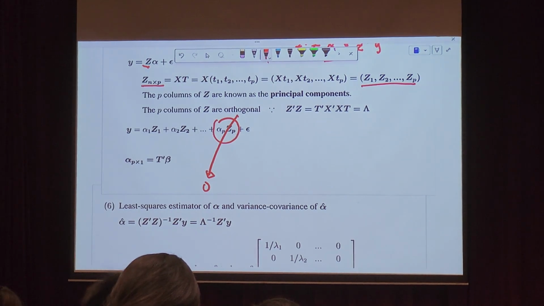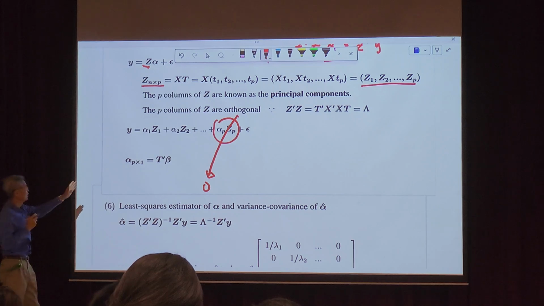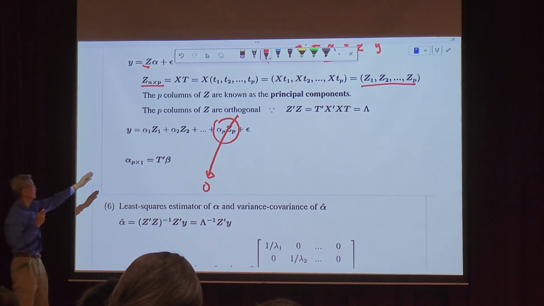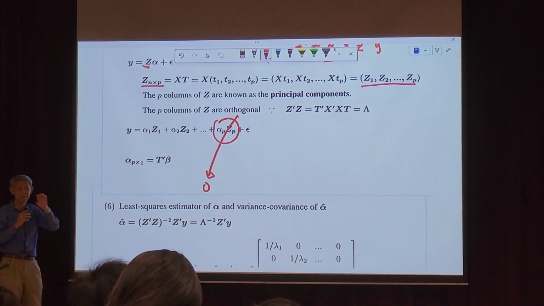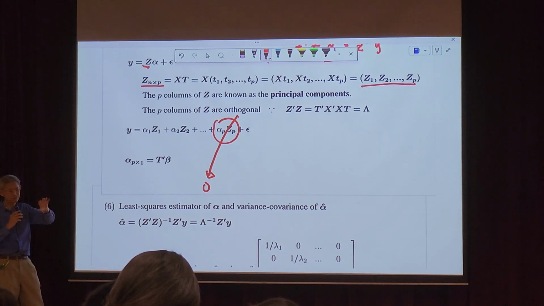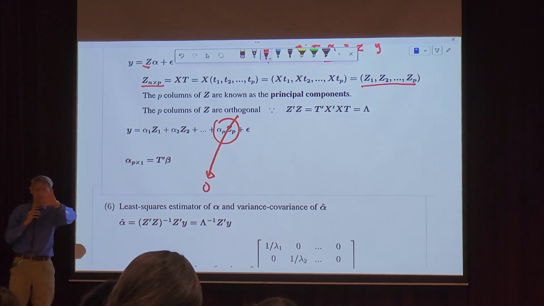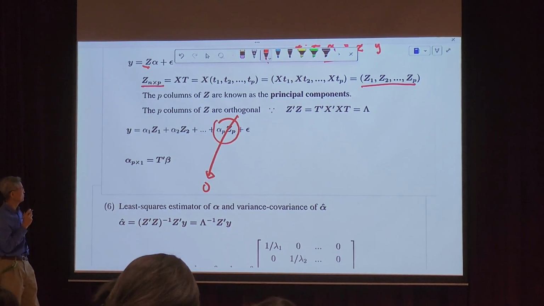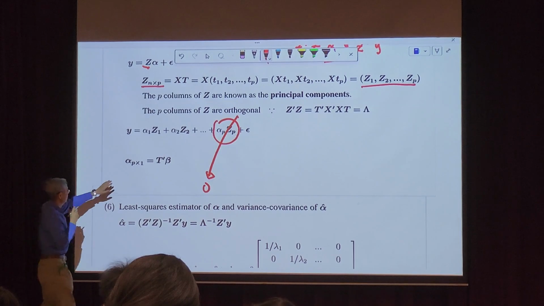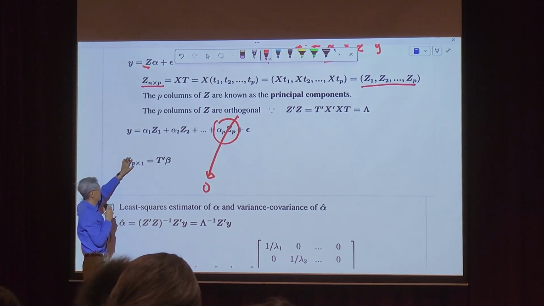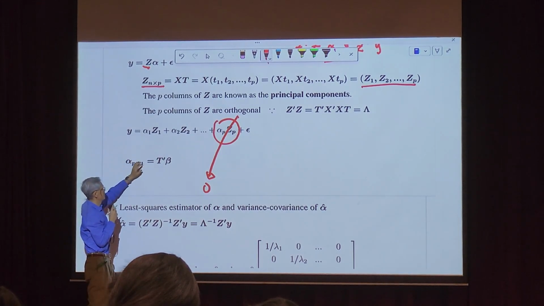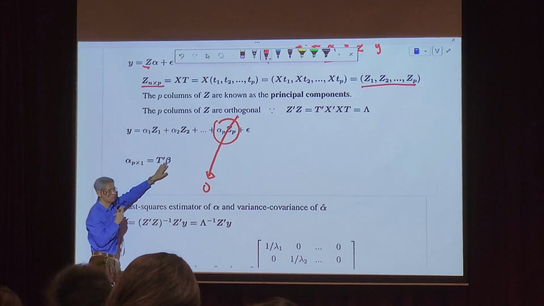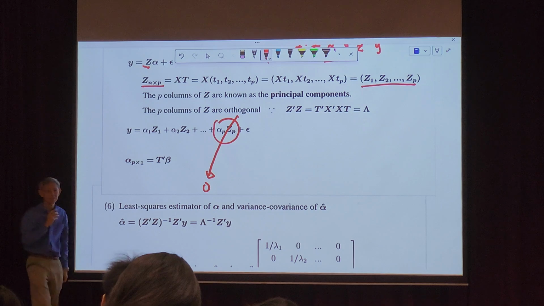Now when you set everything to 0, you have z1, z2 up to zp minus 1. Let's say zp minus 1 is not quite close to 0 anymore. So there's no problem of ill-conditioned matrix. You can then estimate this very nicely, and then you can do a transformation to get better.